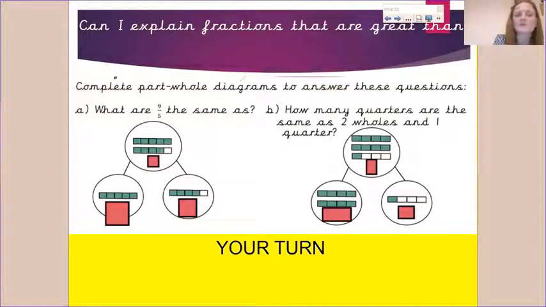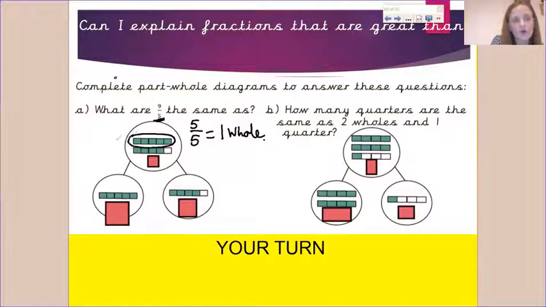Okay, so let's go through this together. It said that 9 fifths is the same as what? So I know that 5 over 5 is going to give me 1 whole. And actually, I can see that because this is one whole, which means that I'm left with 1, 2, 3, 4 fifths.